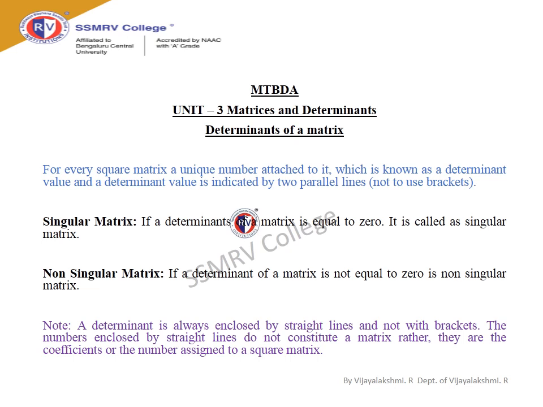The elements of a determinant are usually indicated in between two parallel lines. The major difference between a matrix and a determinant is that the elements of a matrix are indicated within brackets, whereas the elements of a determinant are indicated between two straight parallel lines.